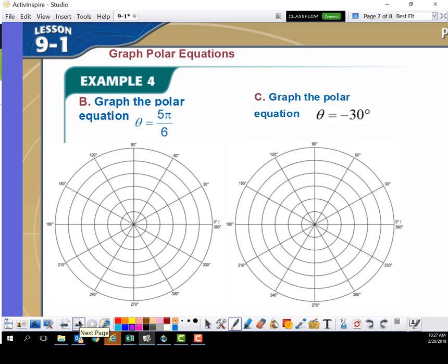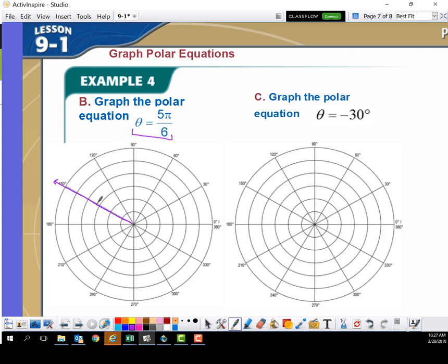So if we switch that up a little bit and we look for everywhere on this graph where theta equals 5 pi over 6, the first thing you have to know is where 5 pi over 6 is located. It is located right here in quadrant 2. Any point on this line would have a positive directed distance.